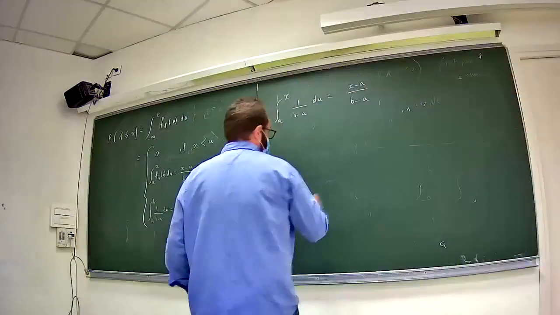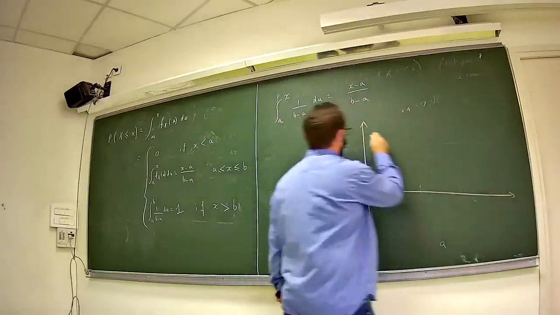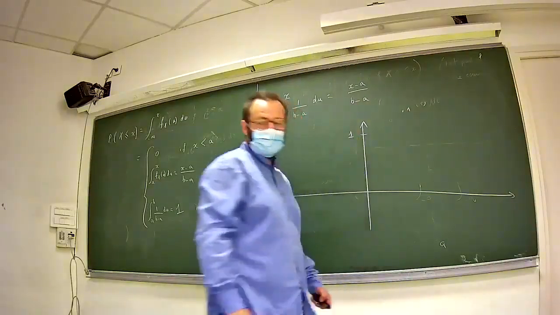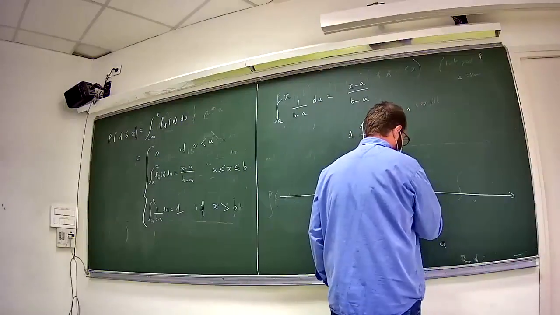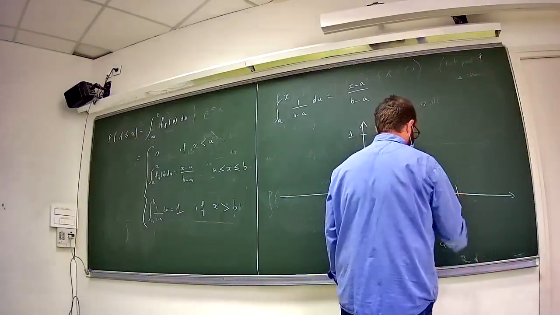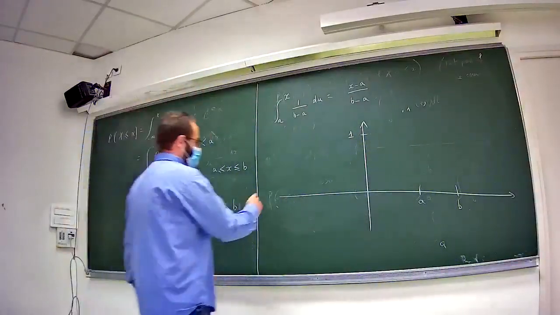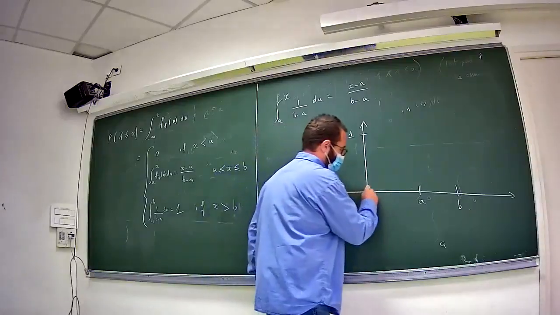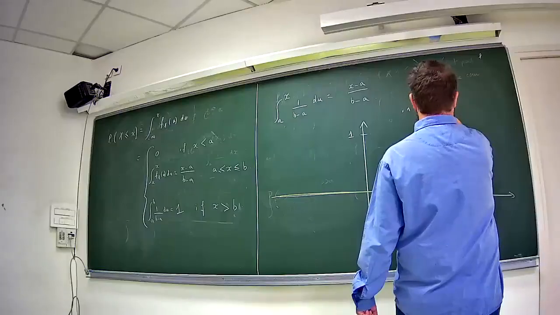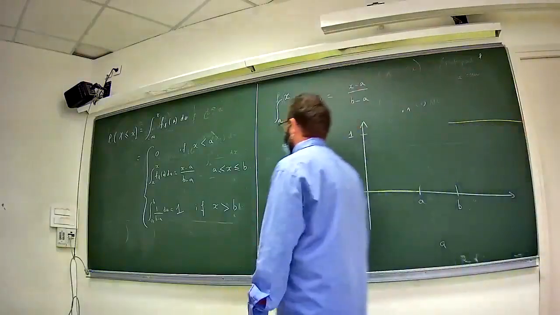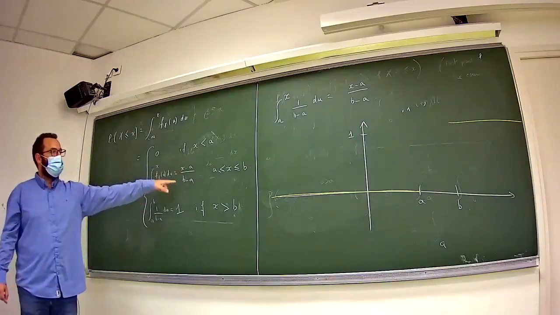So if I try to plot this distribution function, here is 1, and I suppose that I have A and B this way. Before A, I am 0. After B, I am 1. And between, it is the equation of what?